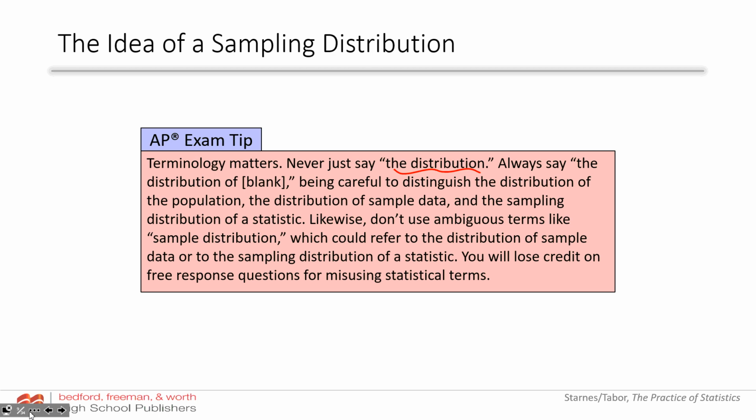If we're going to say the distribution is approximately symmetric, well, the distribution of what? The sampling distribution is approximately symmetric. The population distribution is approximately symmetric. What exactly are we looking at? So make sure if you have questions, ask about these terminologies and then make sure you're using them correctly.